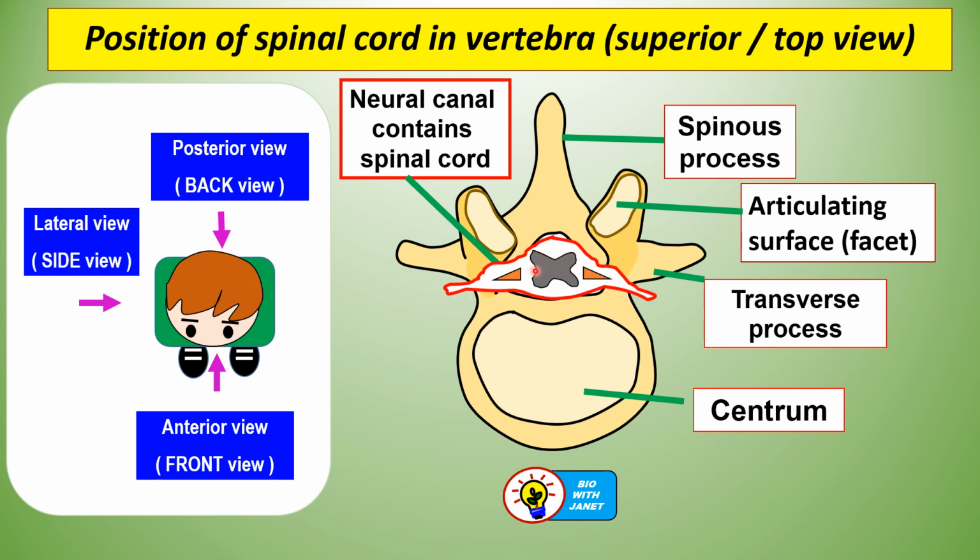The spinal cord is like a group of nerves which help in the transmission of nerve impulses, so it must be protected. The spinal cord is found in the neural canal of each vertebra. Then there's a bony structure below called the centrum, which is for support.